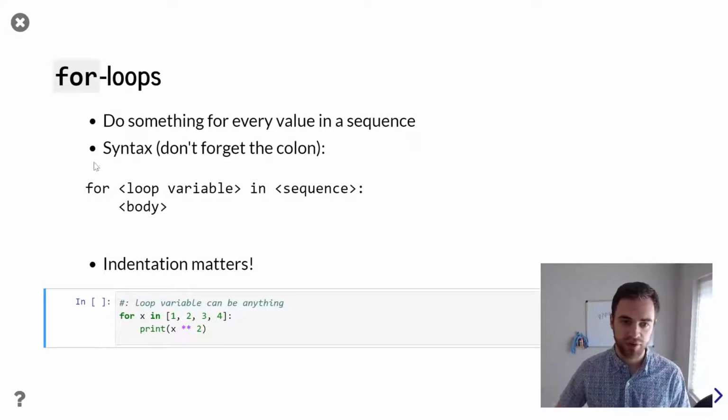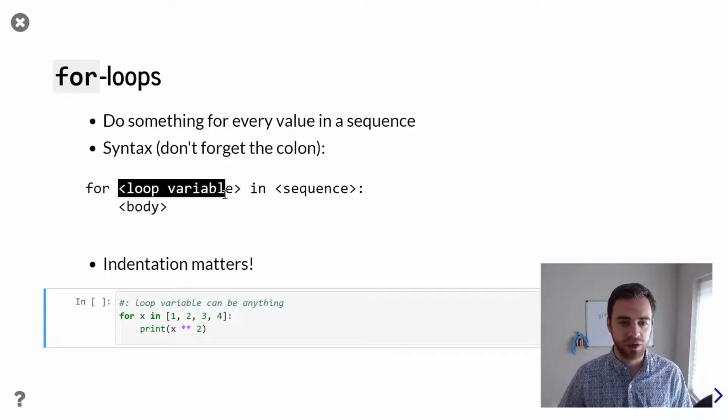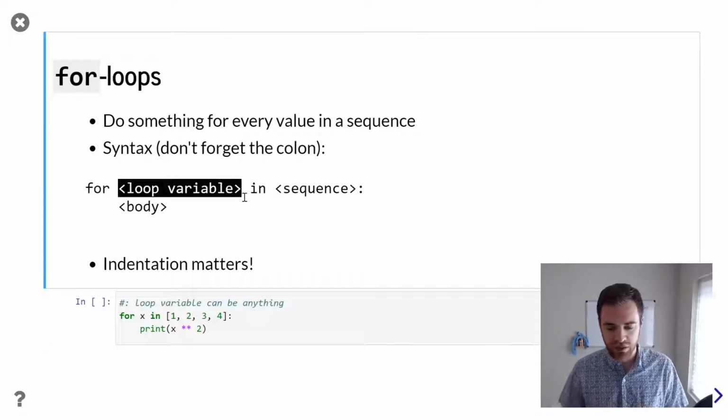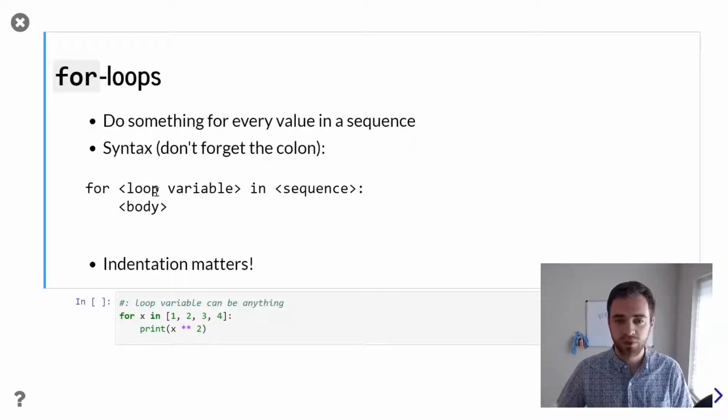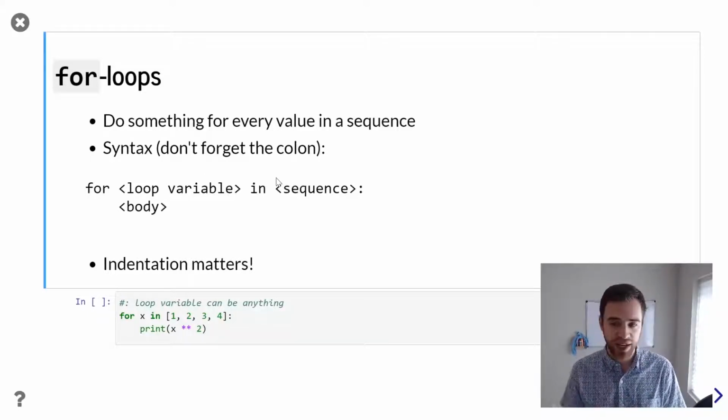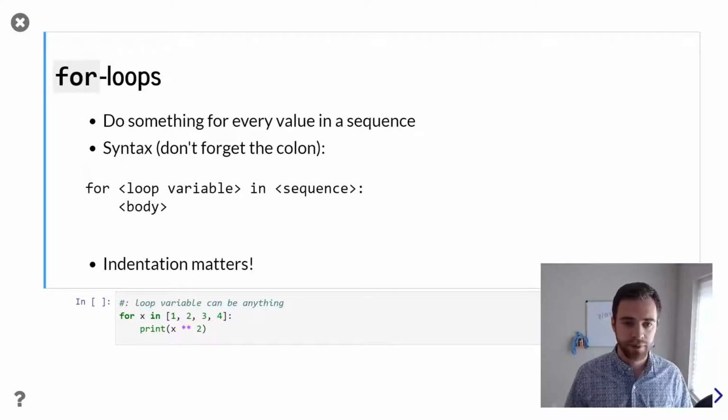All right, so here's the syntax of a for loop. I write for, then I write a loop variable. This can be any name. It's what you're going to assign the values in the sequence, 10, 9, 8, and so forth. So you write for loop variable in sequence. The sequence could be a list. It could be a variable containing a list. It could be an array, anything that's called iterable in Python. But in this class, we'll mostly focus on arrays and lists.